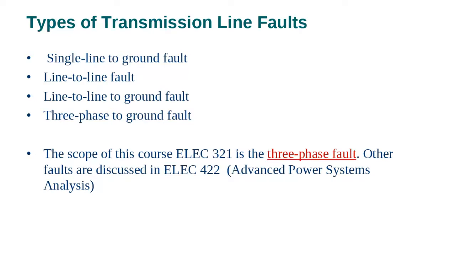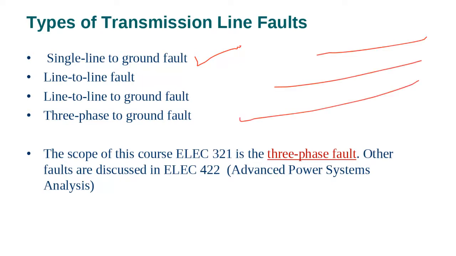Now, the types of transmission line faults. We have the single line to ground fault, and this is the most common one. Single line to ground fault means that we have three phases, three lines, and then maybe a tractor, for example, is going and touches the ground, and the wire, or the cable, or the transmission line will touch one.